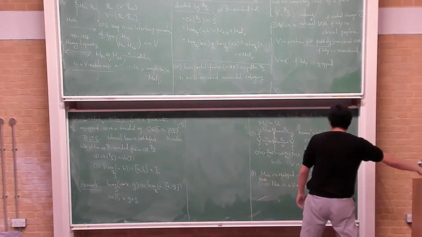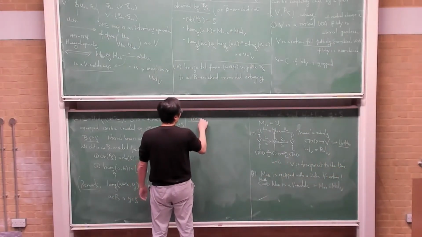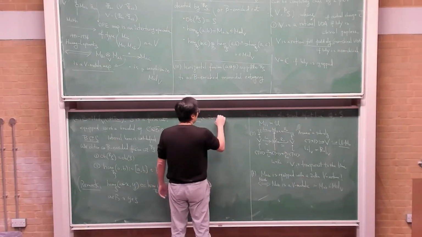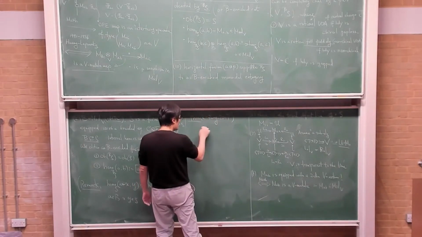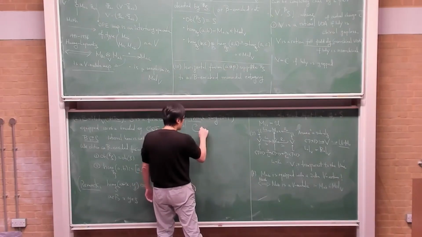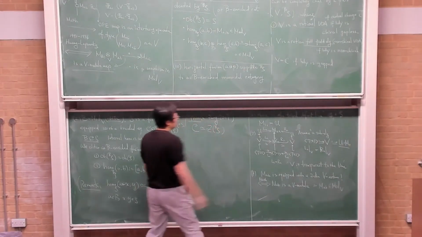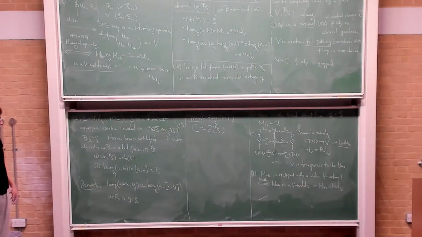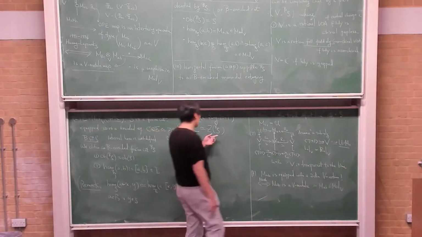Okay, the punchline is this theorem. That's our original goal. So this means the pair B, S can be constructed as an enriched fusion category.